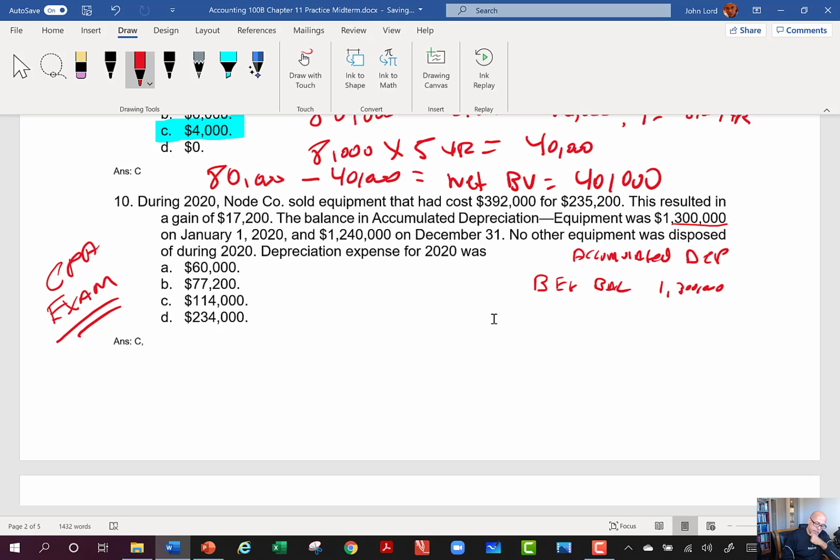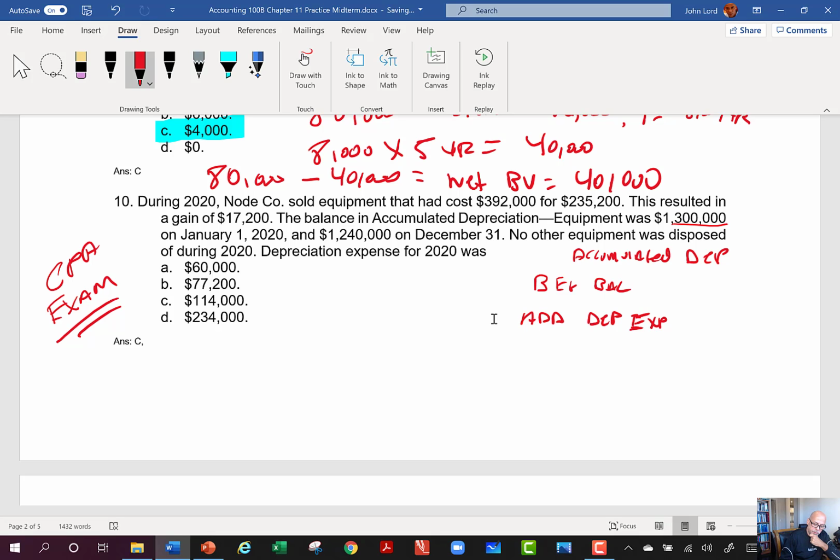Then we're going to have an add to my accumulated depreciation, and the add to accumulated depreciation is depreciation expense. Right? You credit the accumulated depreciation, you debit the depreciation expense. So my add to accumulated depreciation is depreciation expense.